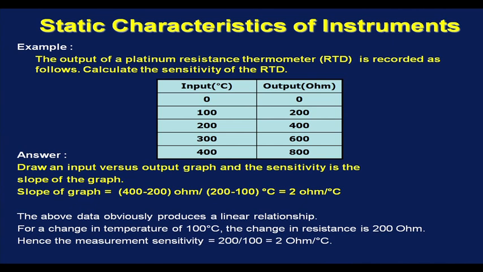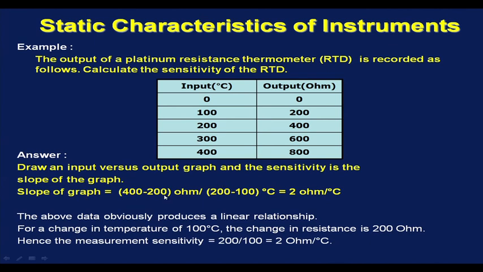The slope of the graph will give me the value of static sensitivity. If you look at the data table, it is obvious that the input, temperature in degree Celsius, and the output, resistance in ohm, follow a linear relationship.